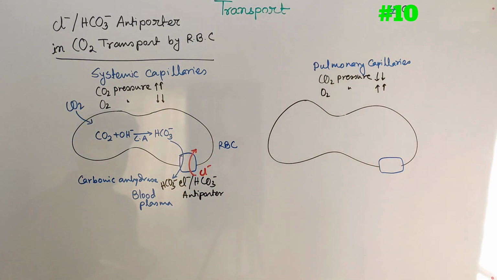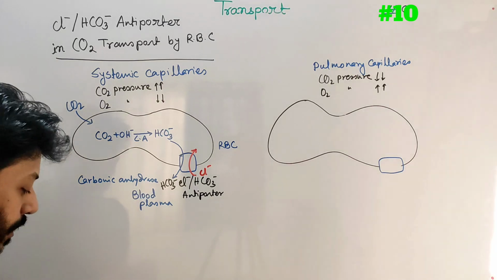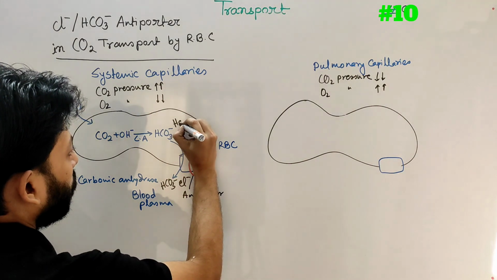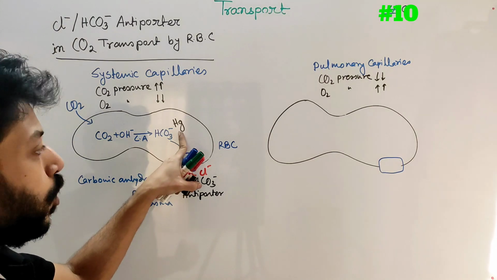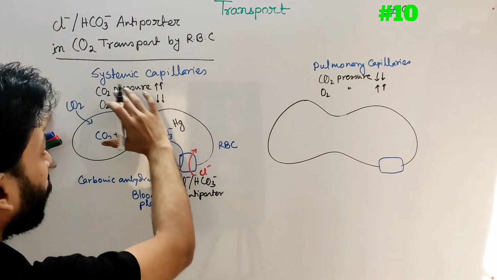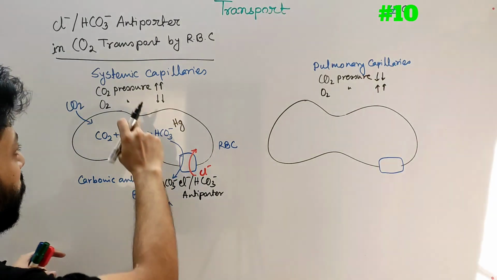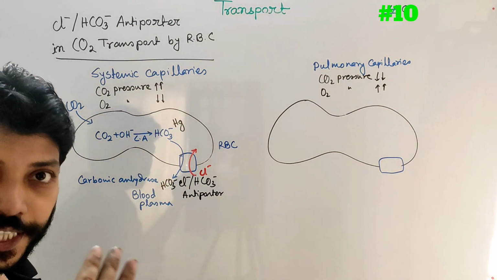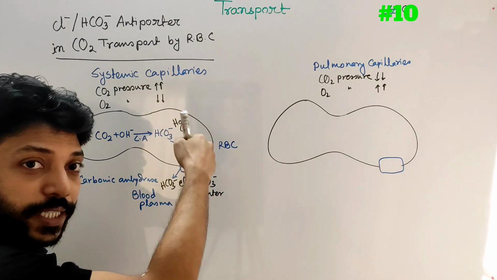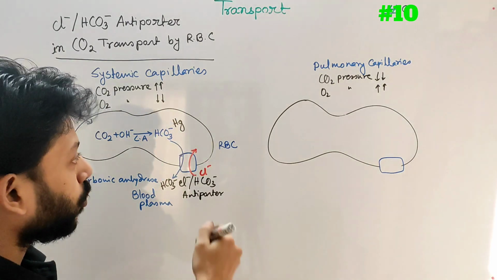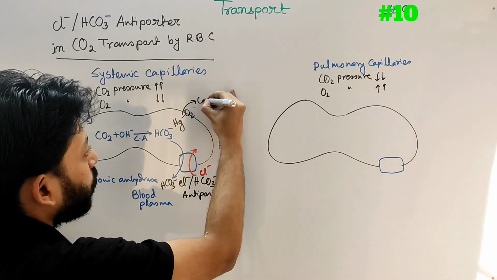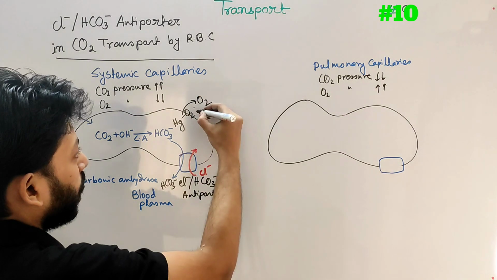Now what happens in the red blood cells? There is hemoglobin. Now when these red blood cells are present in the systemic capillaries, because there is low oxygen pressure, this hemoglobin, the red blood cells coming from the lungs, carries oxygen, and this oxygen is released into the blood plasma.